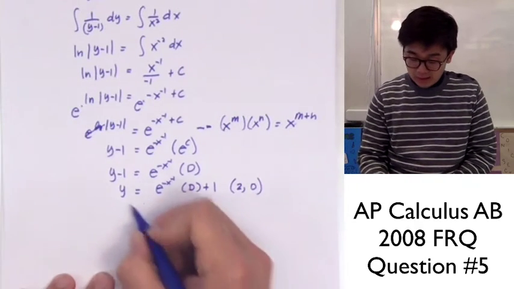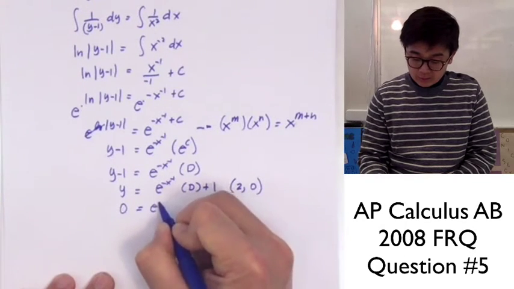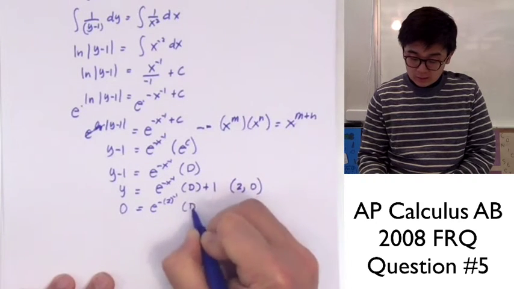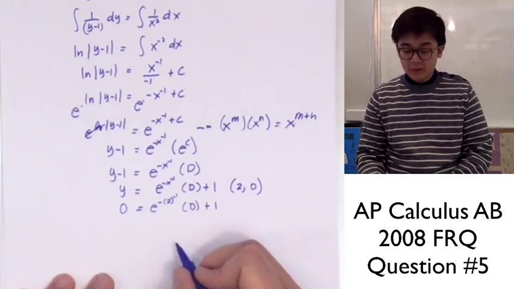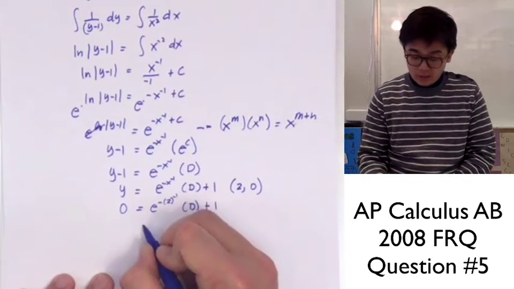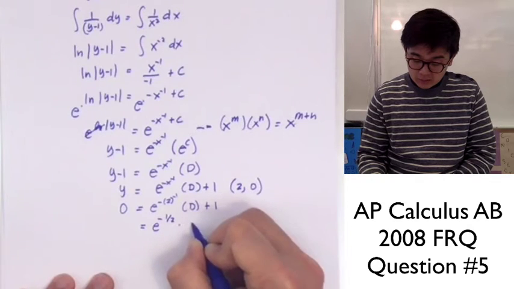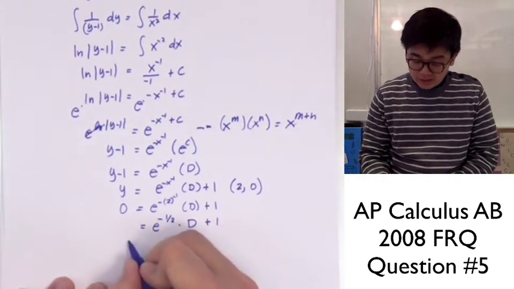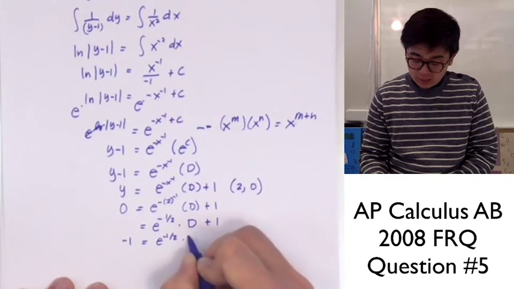So here we'll have 0 equals e to the negative 2 to the negative 1 times d plus 1. By simplifying e raised to negative 2 to the negative 1, we have e raised to negative 1/2 times the constant d plus 1, which gives us negative 1 equals e to the negative 1/2 times d.